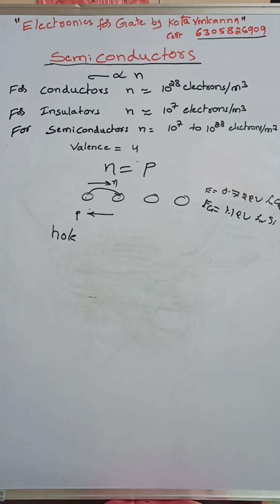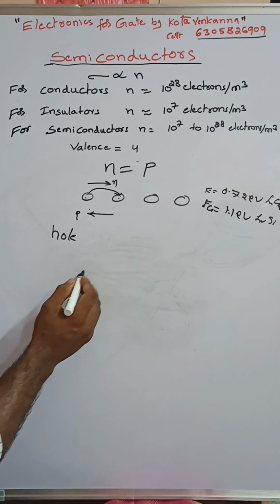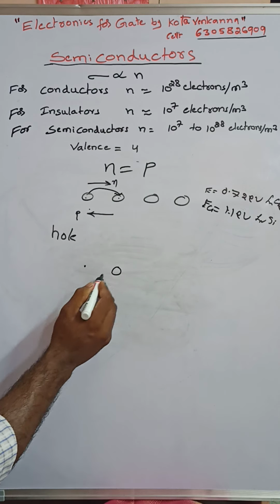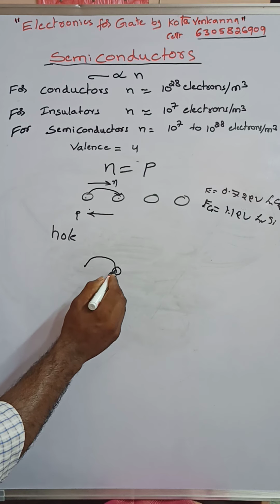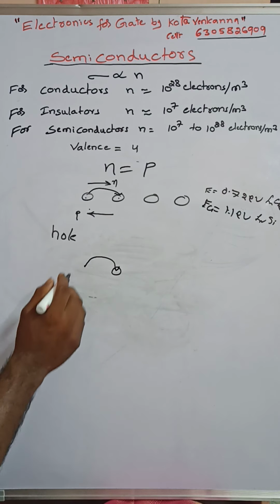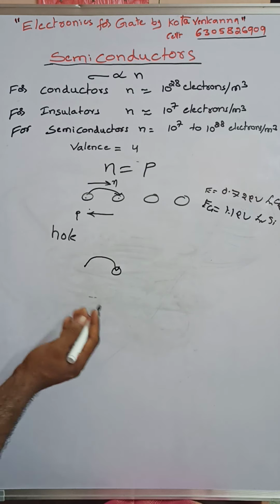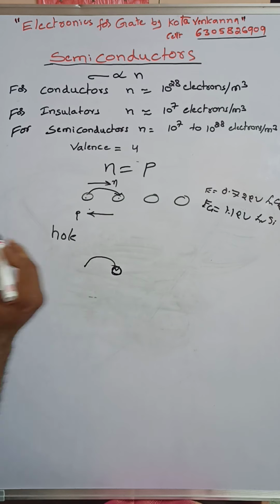At the same time, electron hole pairs disappear due to recombination. So what is recombination? This is an electron, this is a hole. When the electron jumps into the hole, immediately the hole and electron both disappear.